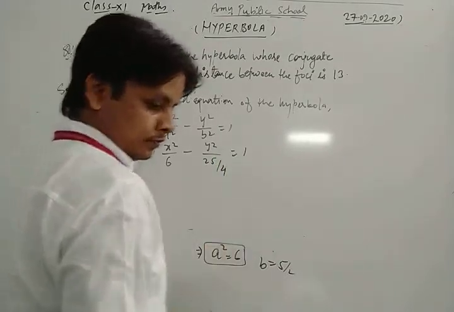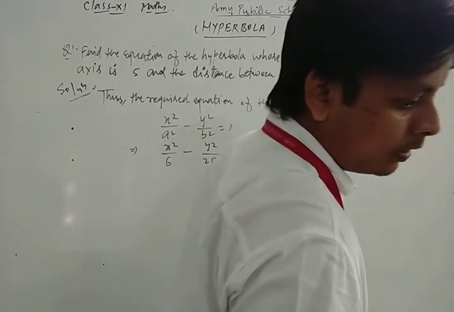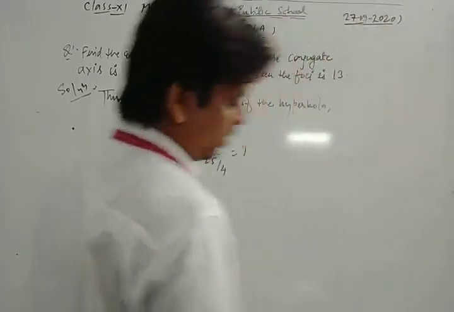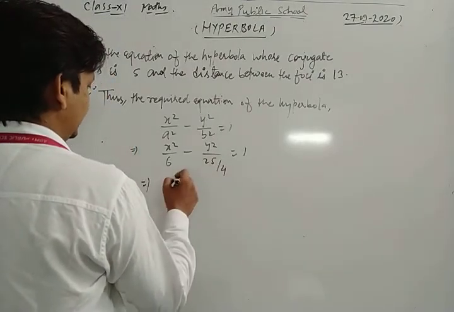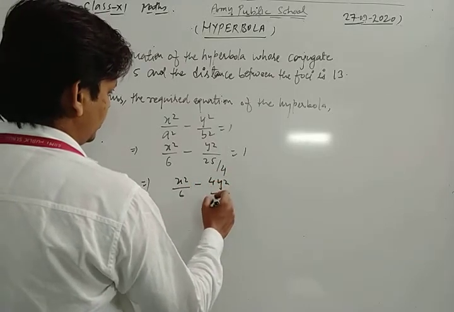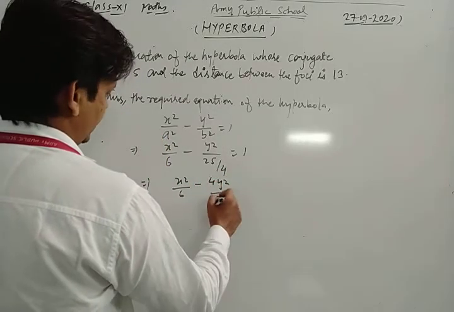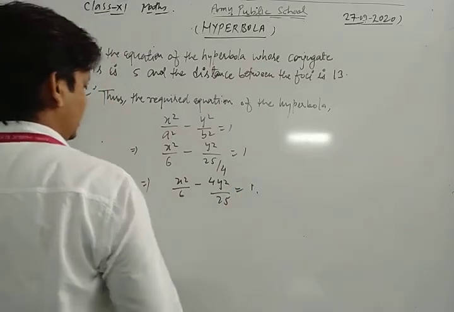Now look, we write in this way: x square upon 6 minus 4y square upon 25 is equal to 1.